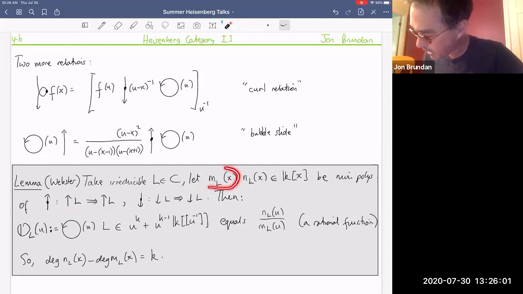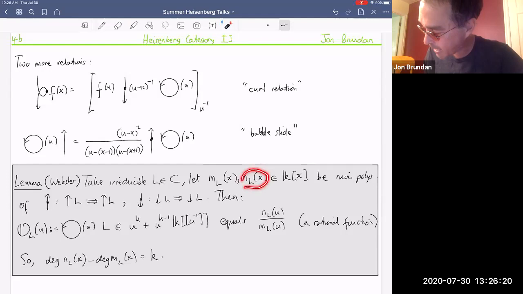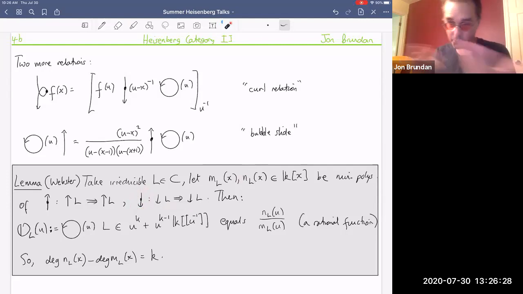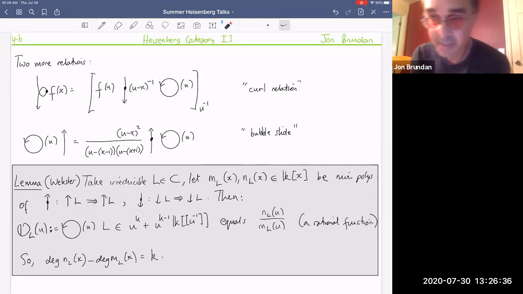So I'm going to define M sub L of X to be the minimal polynomial of that endomorphism. So M_L(X) is the minimal polynomial of the up dot acting on the object L. And similarly, N sub L of X is going to be the minimal polynomial of the down dot acting on L. Okay, so all our morphism spaces are of finite dimension. That makes sense.